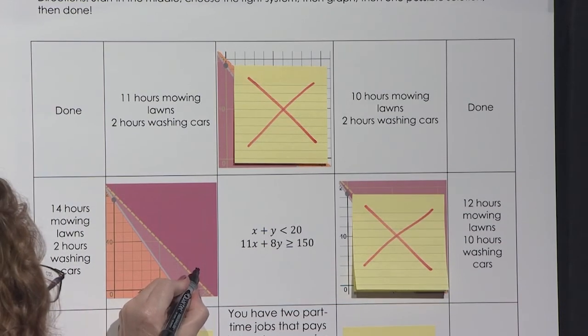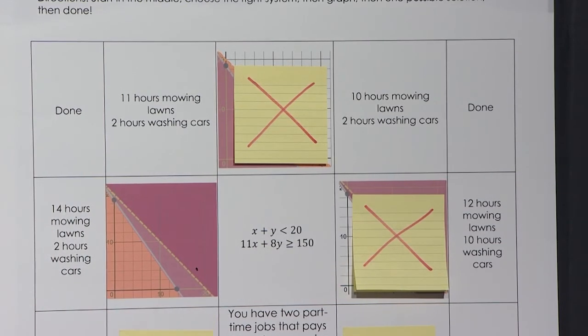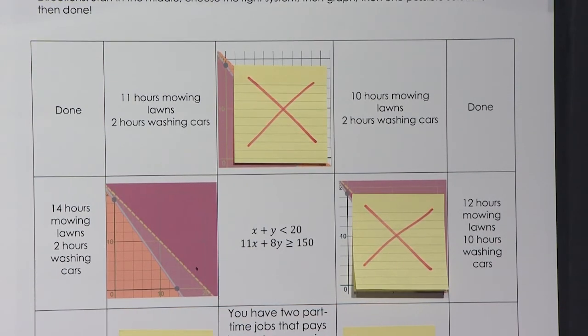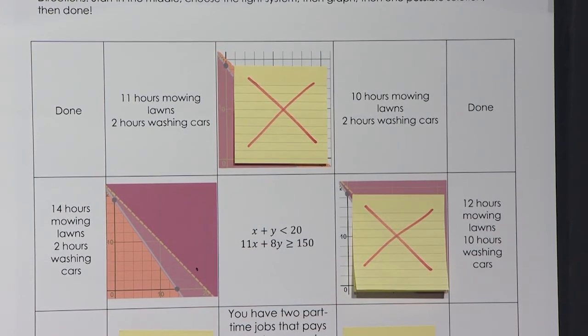Is that a reasonable solution for this problem? Good job! It is not a reasonable solution for this problem because we needed to stay below the 20 hours and be above the $150. But this is above the 20 hours, so this would be too many hours and we wouldn't have time to study. So that eliminates this one.